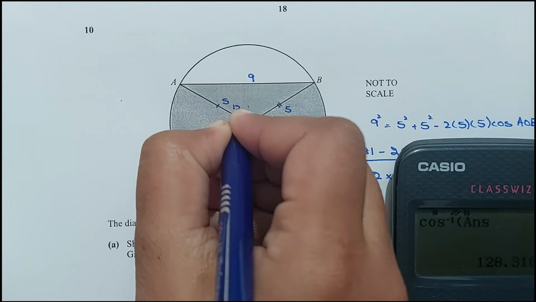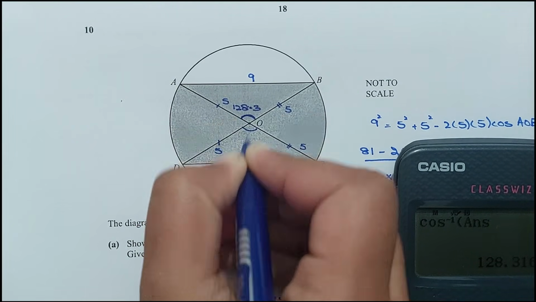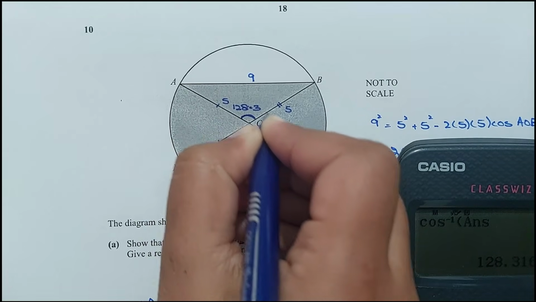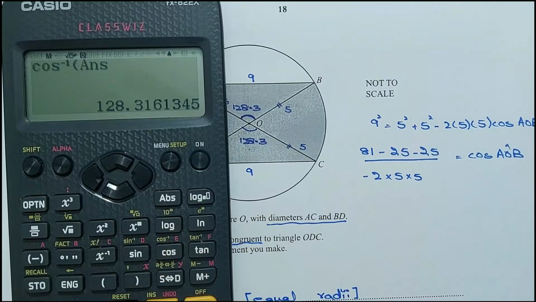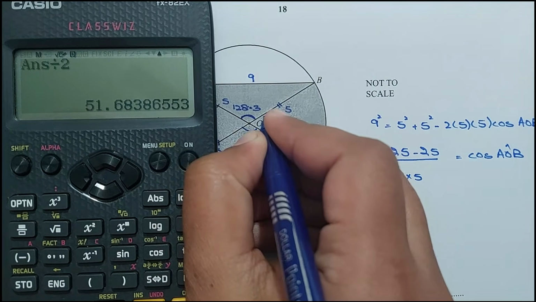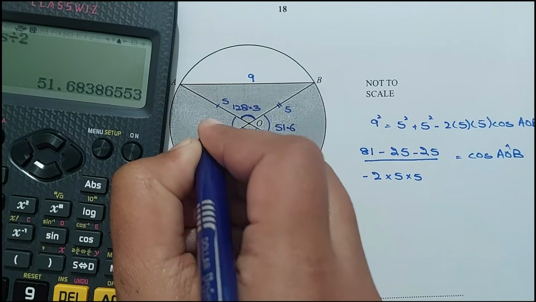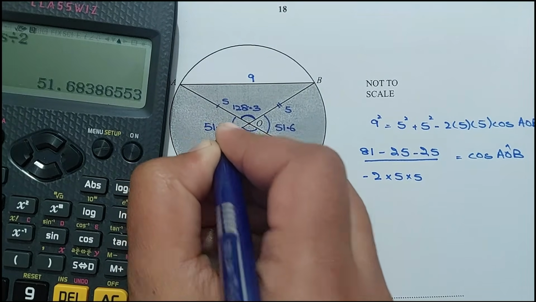This angle is 128.3, this is also 128.3, and this whole is 360 degrees, right? So times it by 2, and from 360 subtract the answer and divide it by 2. So this angle is 51.6, and this is also 51.6, right?